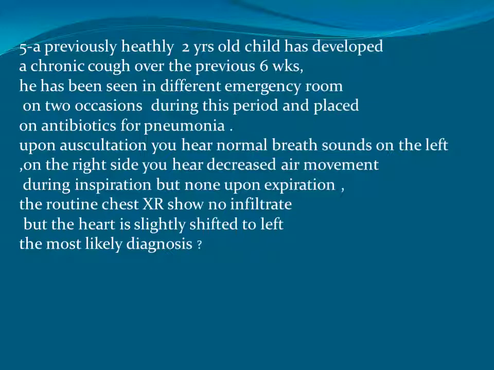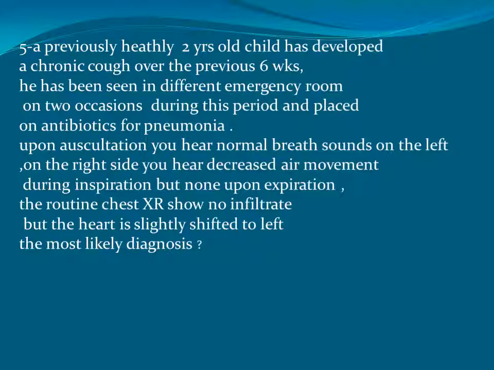You can summarize the case. The baby is previously healthy. He had recurrent pneumonia, improving with antibiotics, and there is localization of the lesion on the right side, and there is shifting of the heart to the left side.